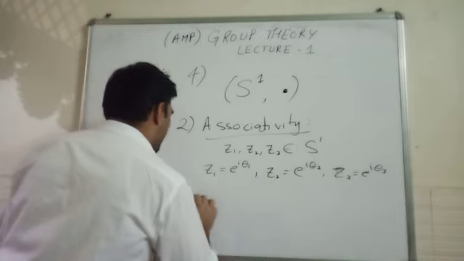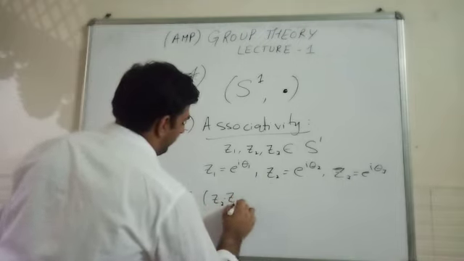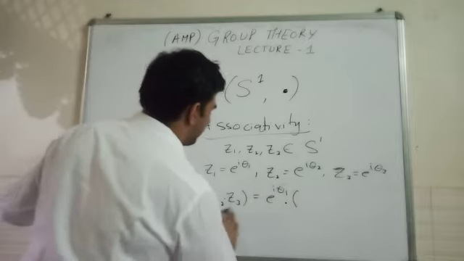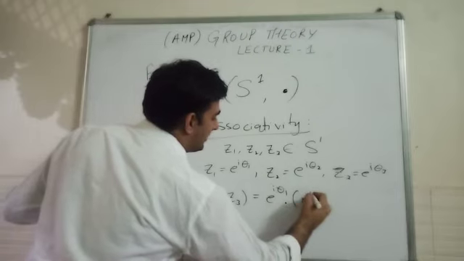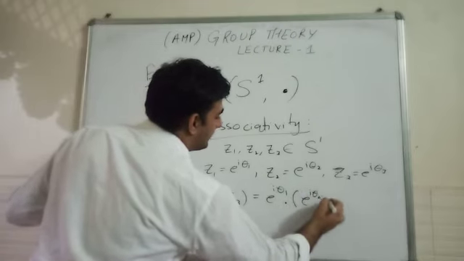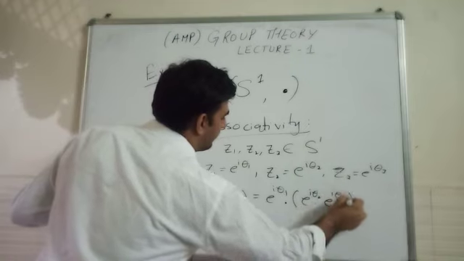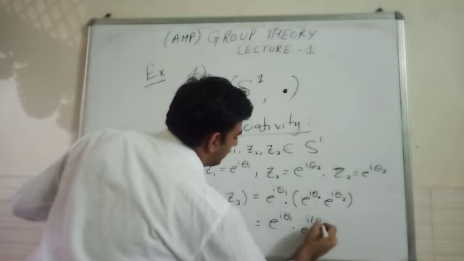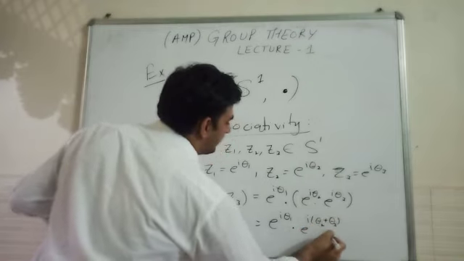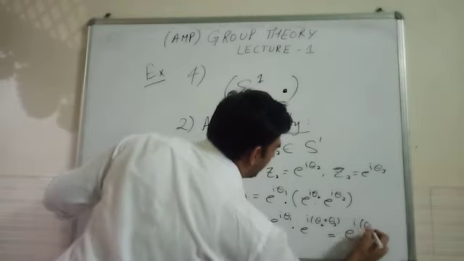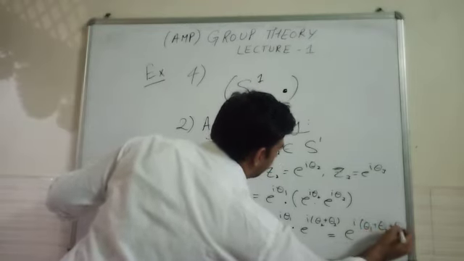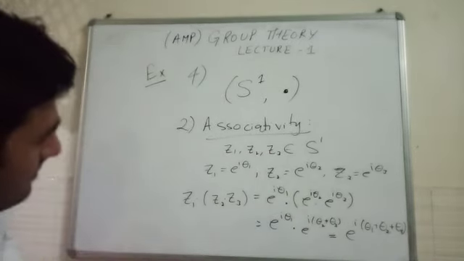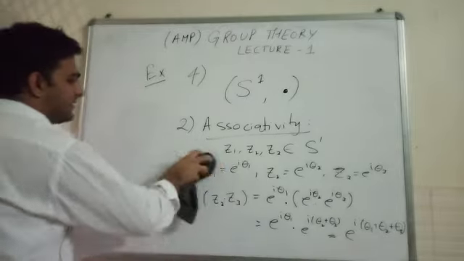Let's see Z1 times Z2 times Z3. So e to the I theta 1 times, first you multiply these two complex numbers, e to the I theta 2 times e to the I theta 3. So this is e to the I theta 1 times e to the I theta 2 plus theta 3, which is equal to e to the I theta 1 plus theta 2 plus theta 3. Now let's put this bracket here. Let me erase this.